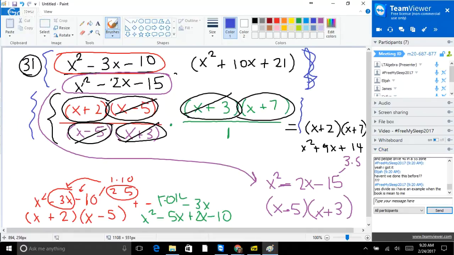Okay, so I have a vote for let's do a divide one so that when the book is mean, we can say that we did that.